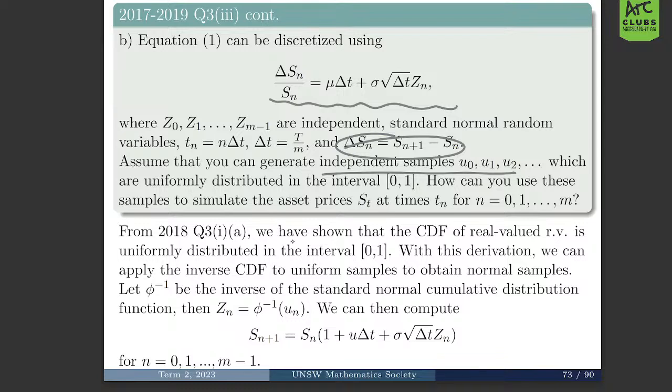Question 3I basically asked you to show that the CDF of a real valued random variable is uniformly distributed over the interval of 0 to 1. So essentially what it's saying is that if you have uniformly distributed random variables, we can apply the inverse of the CDF the other way around to obtain normal samples.